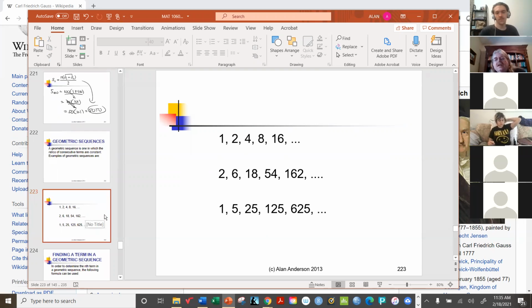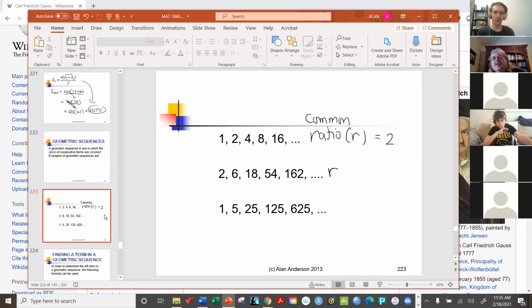So here, these are clearly not arithmetic because they grow much too quickly, don't they? But if you look at these carefully, you'll see here I'm constantly multiplying each term by 2 to get to the next one. So we say that the common ratio, which we're going to call R, is 2.